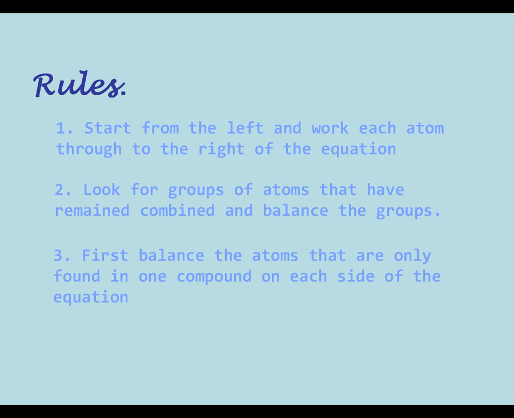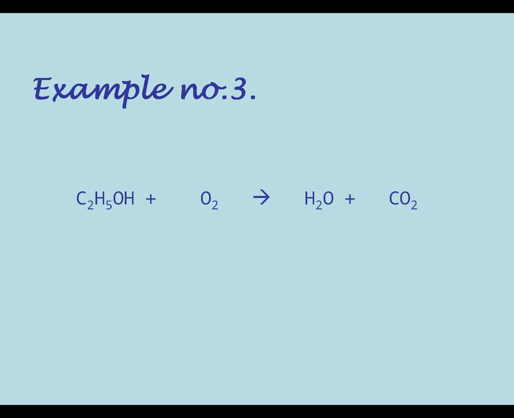And number 3, it's probably also a good idea to first balance the atoms that are only found in one compound on each side of the equation, because if the atoms end up splitting into several compounds, it becomes quite difficult to balance each of those bits independently. So let's have a look here at an example of that.